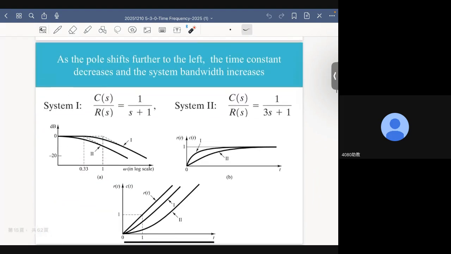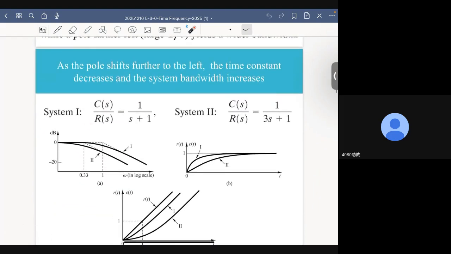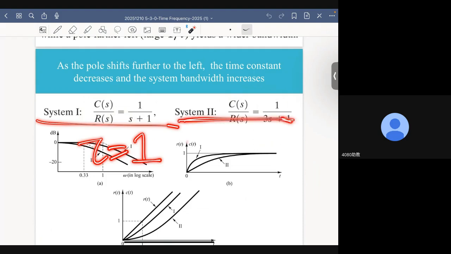Now let's look at an example. Here I have two first order systems. The only difference is in their time constant. For system 1, the time constant is 1. For system 2, the time constant is 3.